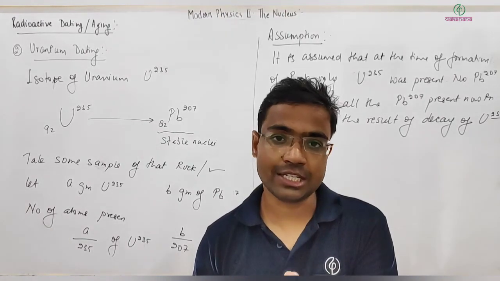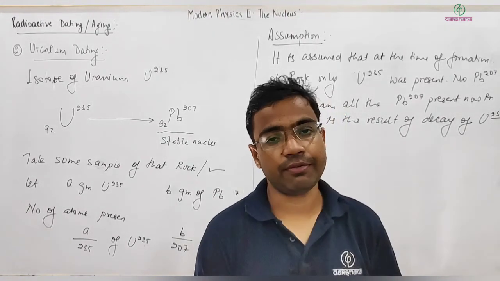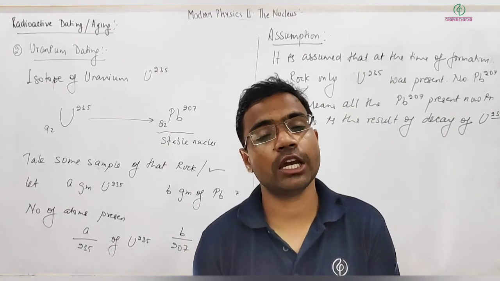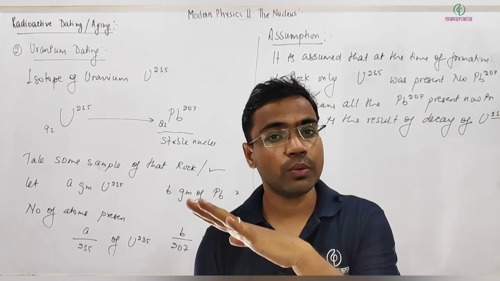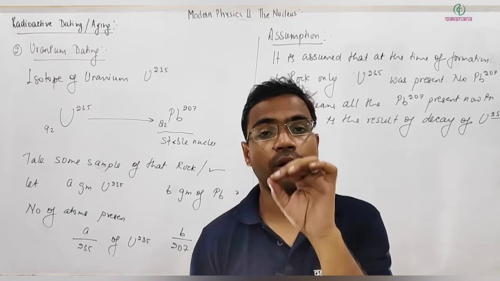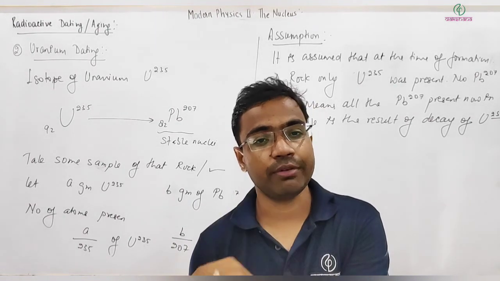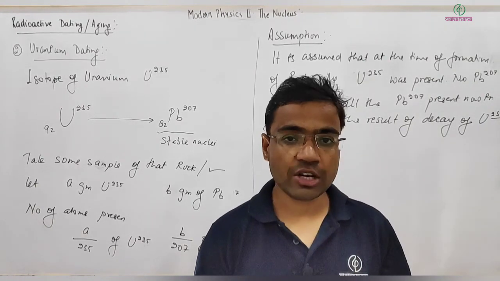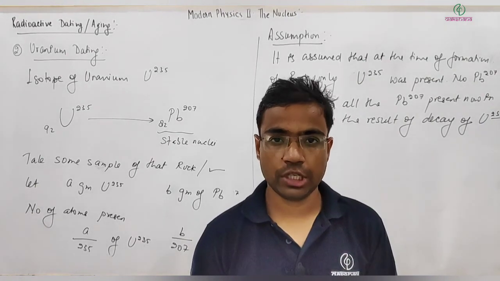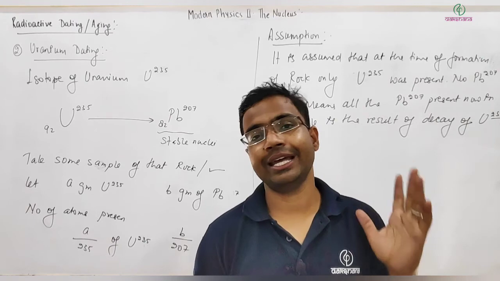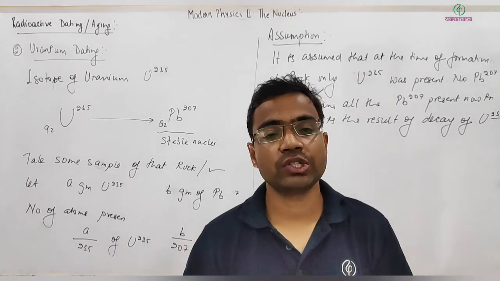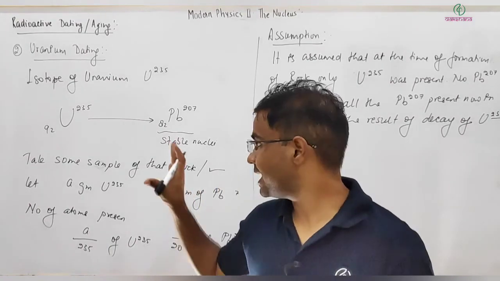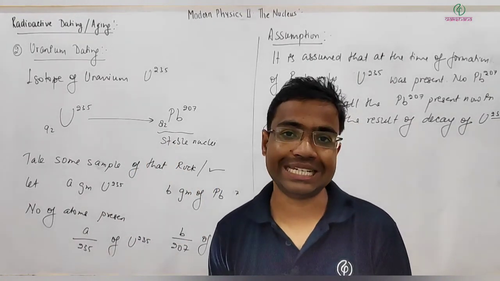By substituting in the formula, we can get the time it has taken for 150 uranium-235 atoms to become 100, that is, 50 decayed and 100 left. That time will be the actual age of the rock. So this is the approach of how uranium dating works.